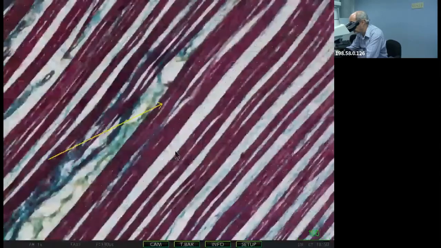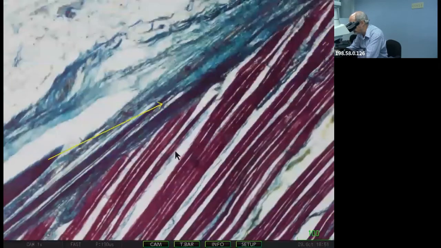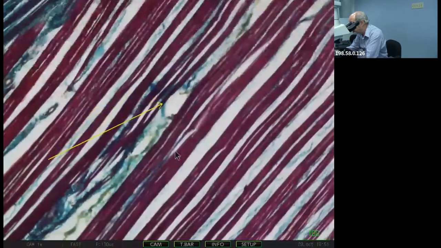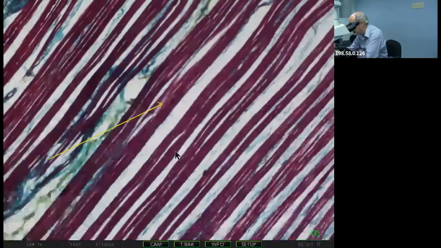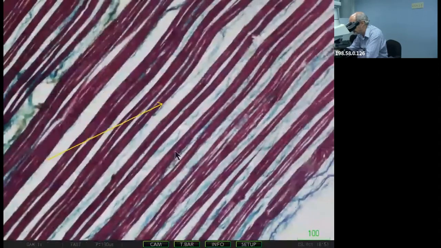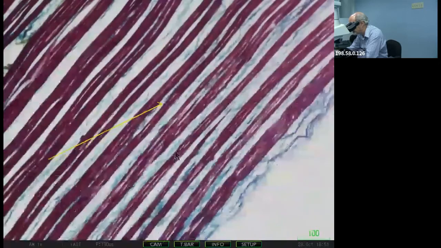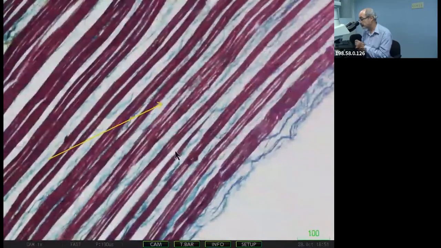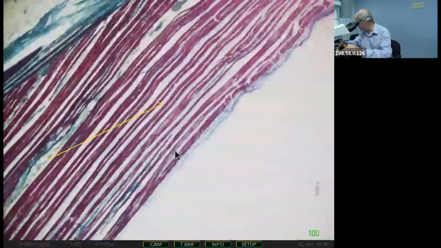But remember, at the periphery you have your epimysium. Between the fascicles you have your perimysium surrounding the fascicles, and around each muscle fiber you will have your endomysium. Okay, so that was for your skeletal muscle tissue.